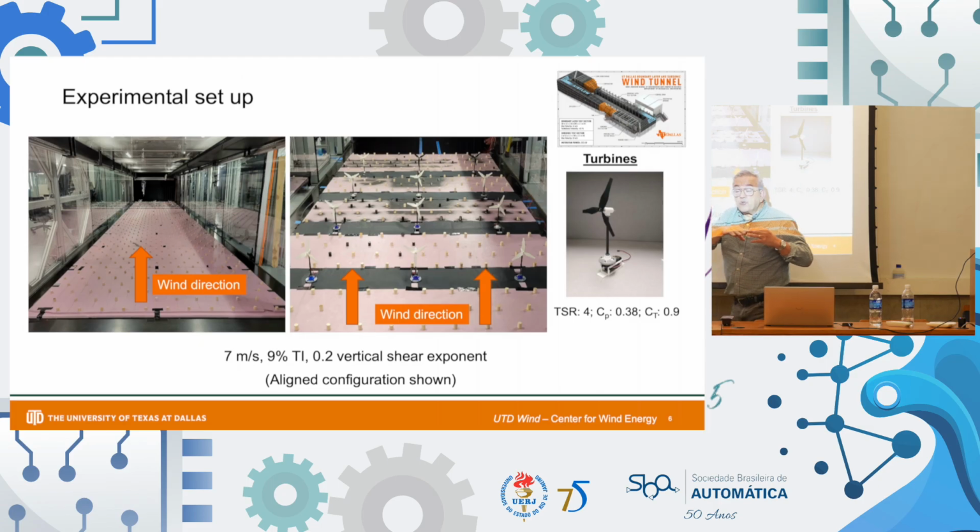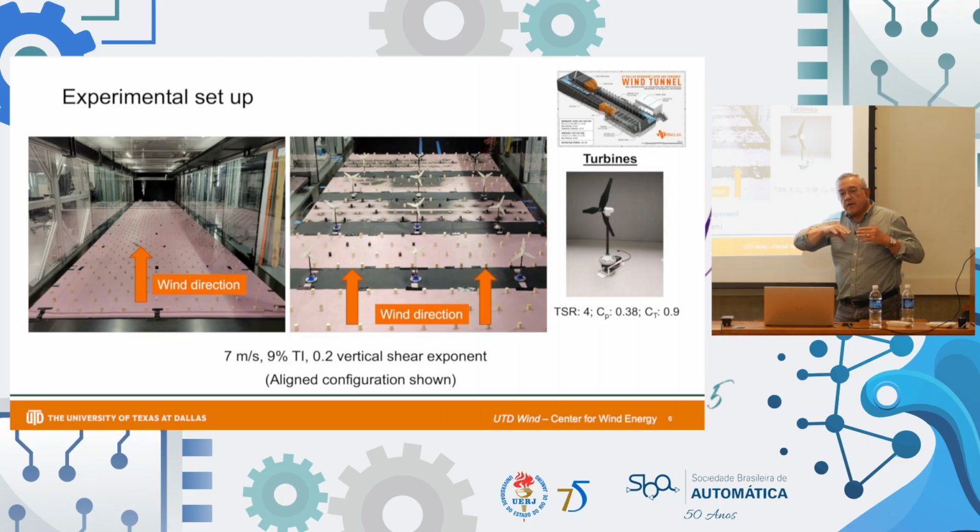That allows us to build what is called the boundary layer, a scale atmospheric boundary layer that is representative of wind conditions in the real world. Then once we have that, these cubes that you see on the ground are roughness elements in order to promote the existence of turbulence and whatever you need to be more realistic. That's what my colleagues do.